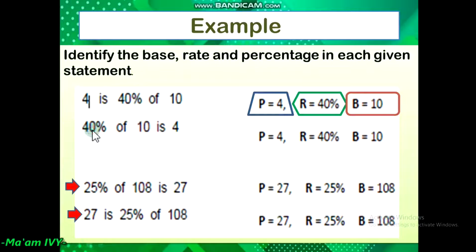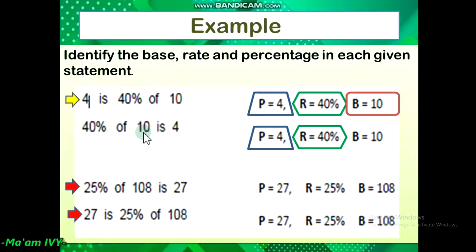Next, if we are going to interchange or change the position of the given in the statement, we can still identify which is the base, the rate, and the percentage. We have here 40% of 10 is 4. Of course, our percentage is 4. Next, our rate is 40%.